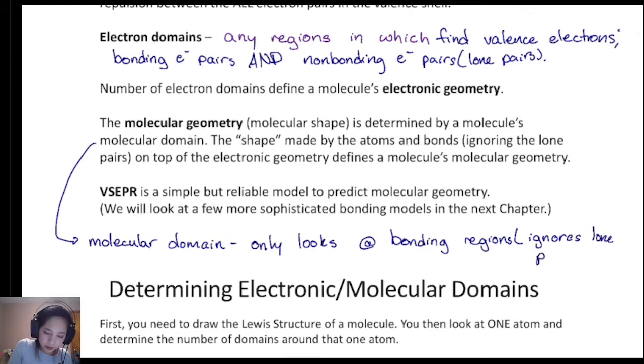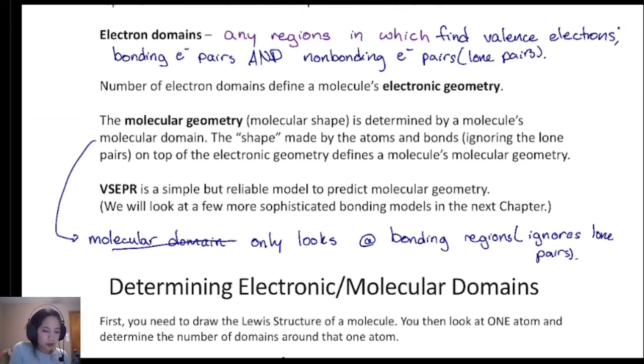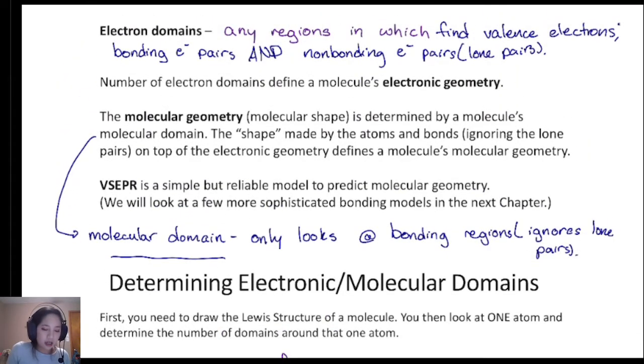So that's the molecular domain. The shape is made by the atoms and the bonds, not the lone pairs. So that's why we ignore lone pairs.